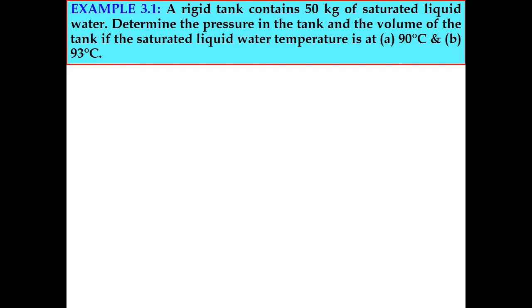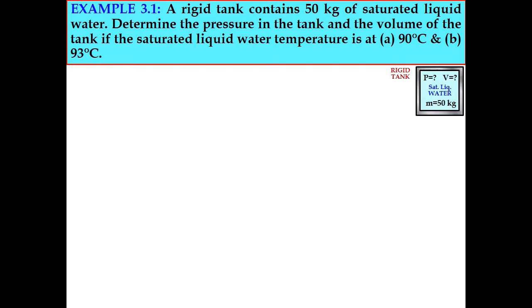If you refer to the example question, the mass is already given, and the phase of the water is already given, which is saturated liquid. We need to determine the pressure in the tank and also the volume of the tank if the temperature of the liquid water refers to the saturated temperature at 90 degrees Celsius and also 93 degrees Celsius.